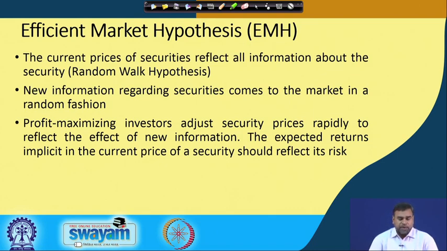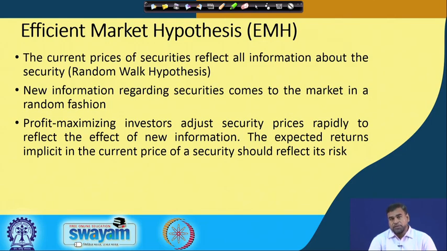And profit maximizing investors adjust security prices rapidly to reflect the effect of new information. The expected returns implicit in the current price of a security should reflect its risk. So, even if some new information is coming, the demand and supply of that particular stock or asset will change accordingly.